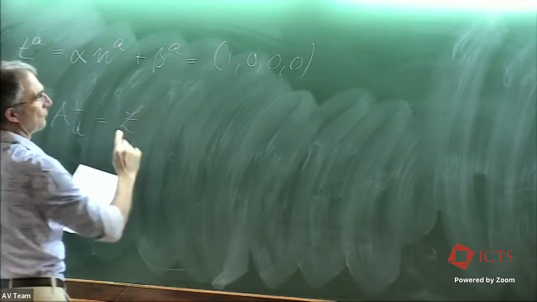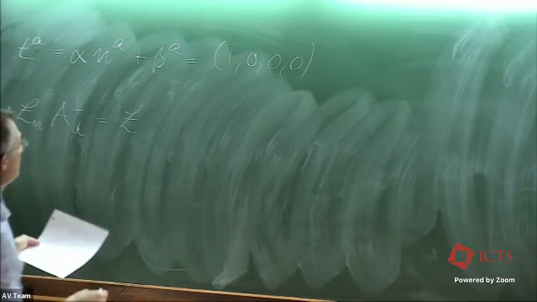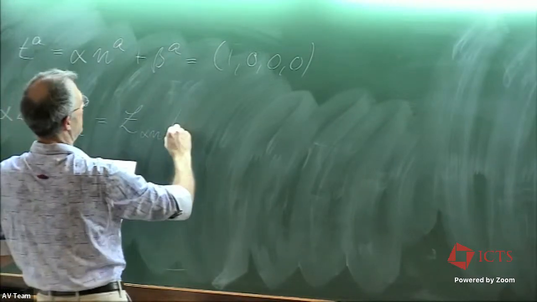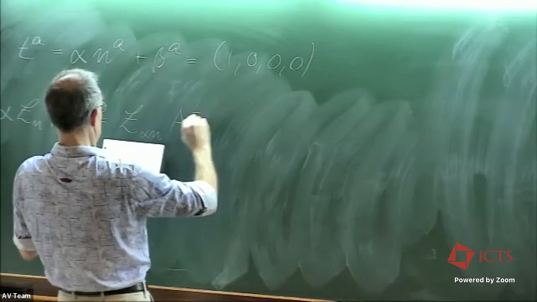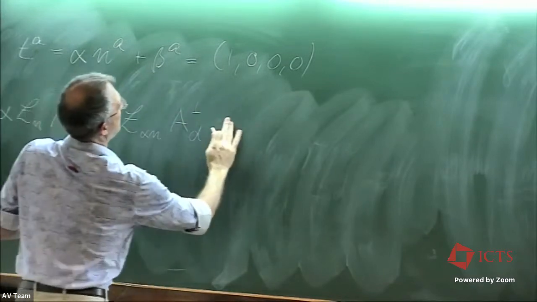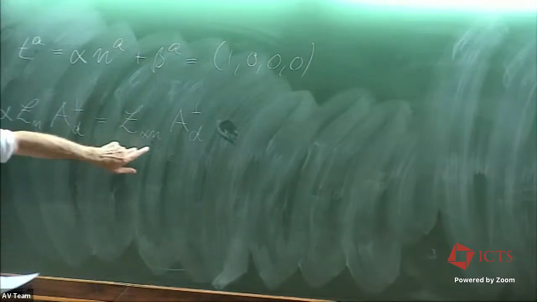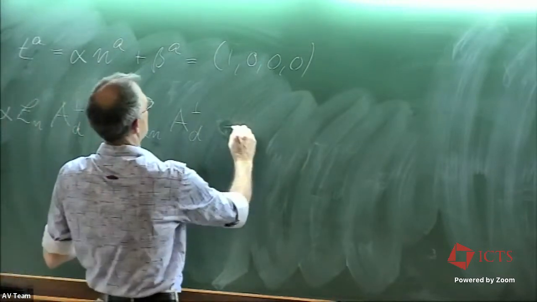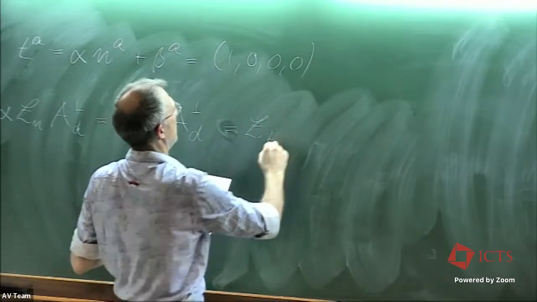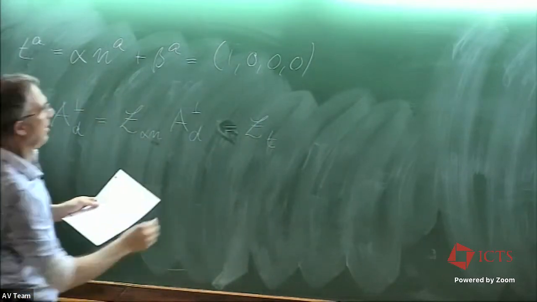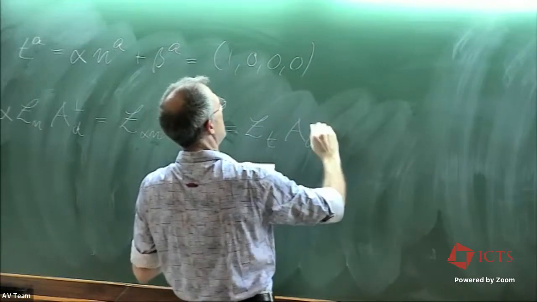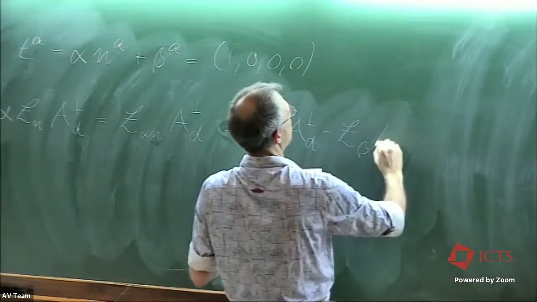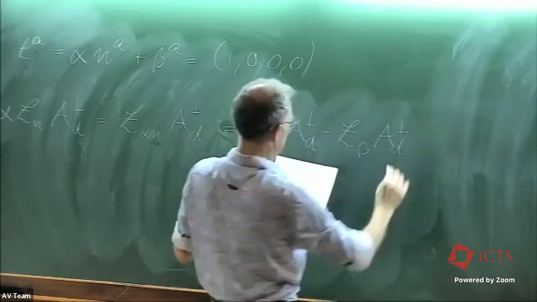You can check, using the definition of the Lie derivative, that this is the same as the Lie derivative along alpha n of A_D perpendicular. And using the definition of t, you can check that this is the same as the Lie derivative along this vector t of A_D minus the Lie derivative along beta of A_D perpendicular.